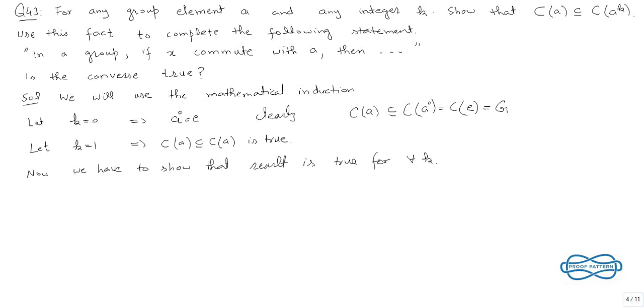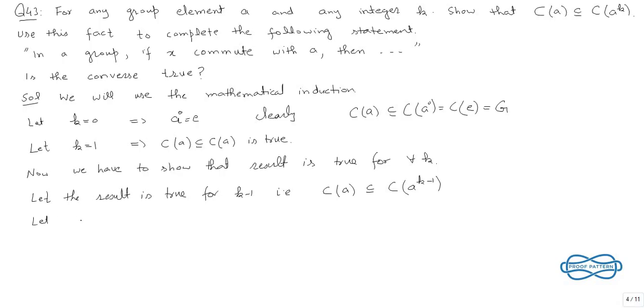Because we are using mathematical induction, we assume the hypothesis: let the result be true for k minus 1, that is, the centralizer of a is a subset of the centralizer of a to the power k minus 1. And now we have to show that this result is true for k.